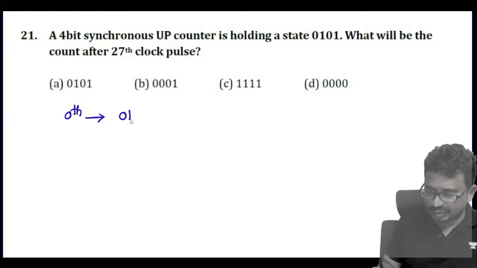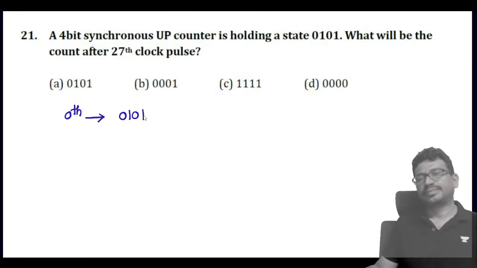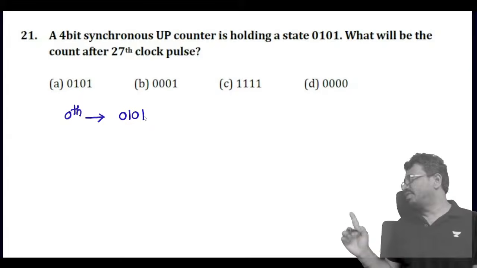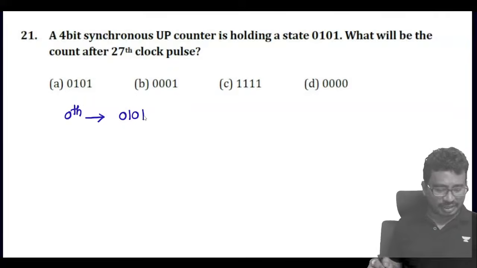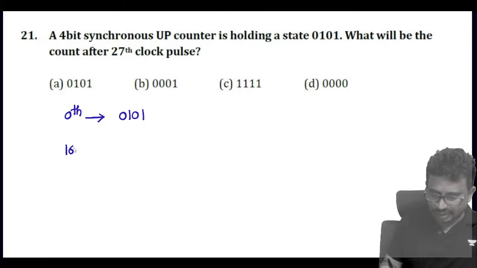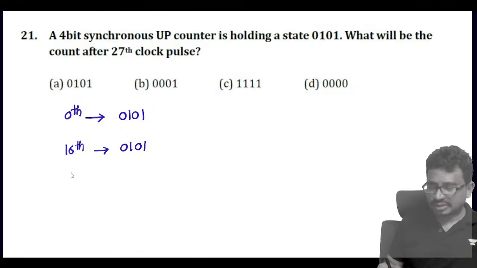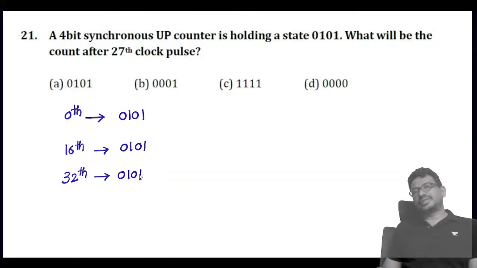You tell me now, 0 1 0 1. So 4 bit now, for every 16 clock pulses it will repeat again. So what will come at the 16th clock? The same will come, 0 1 0 1. After 16, it will come again at 32. At 32 again it will come as 0 1 0 1, isn't it?